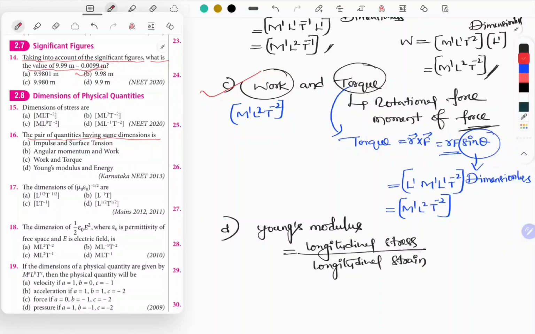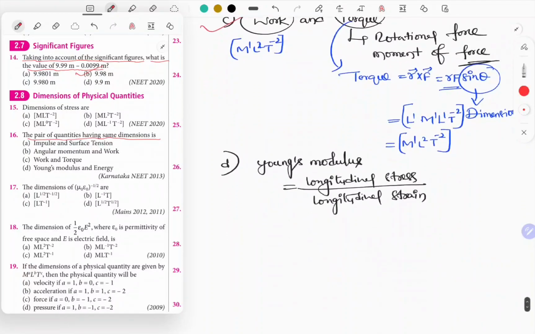The meaning of longitudinal is along the length of the wire. Strain is a dimensionless quantity because it is change in length by original length. For longitudinal strain, the numerator is length and the denominator is also length, meter, so both get cancelled. It is a dimensionless quantity.